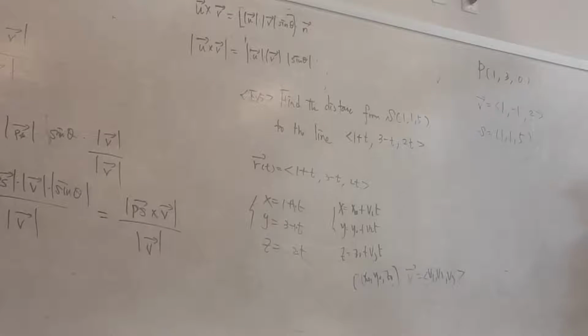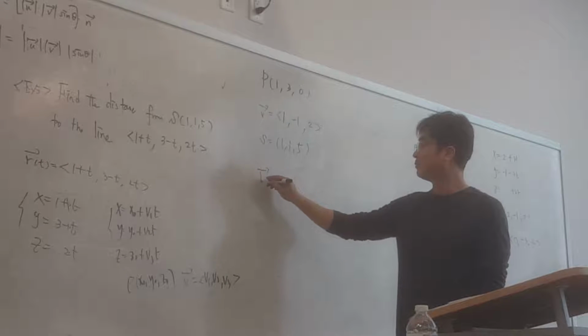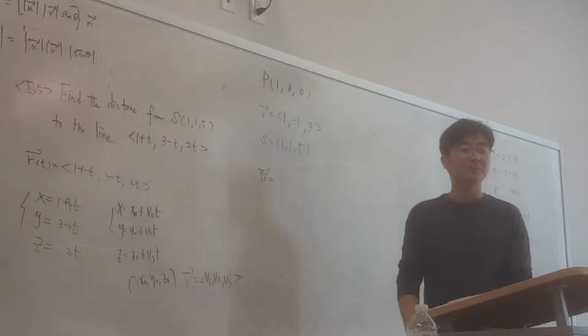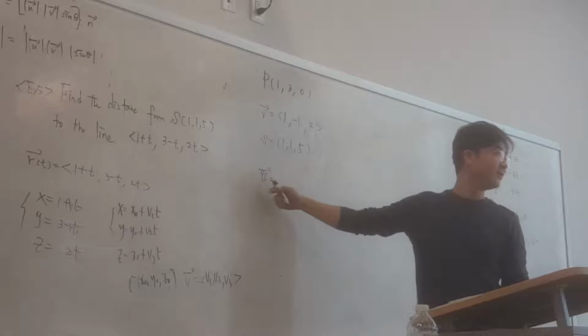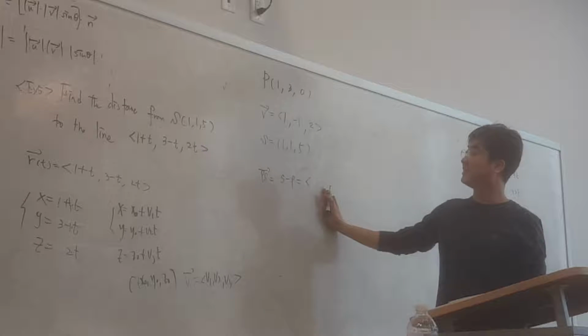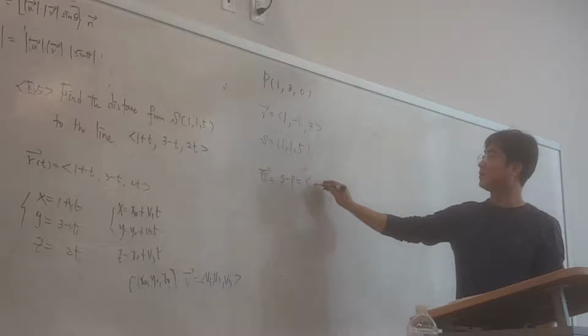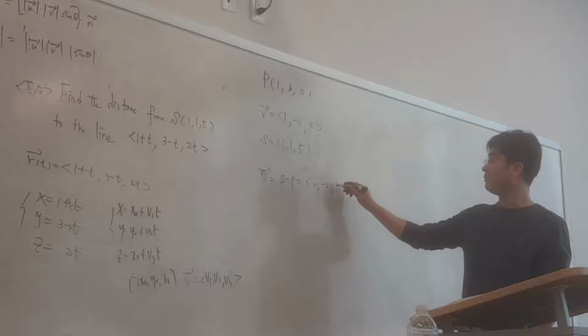Okay, good. Now let's get the PS vector. First, the PS vector, by the definition, tell me. S minus P. Okay, good. So what is it? 1 minus 1, 0. 1 minus 3, minus 2. 5 minus 0, 5. Good.